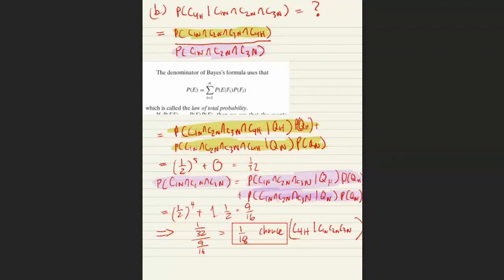Again, we use the law of total probability to convert the numerator, where we flip the condition that we're conditioning on, and also remember to sum over the complements that we condition on, which in this case is whether the queen has hemophilia or doesn't.